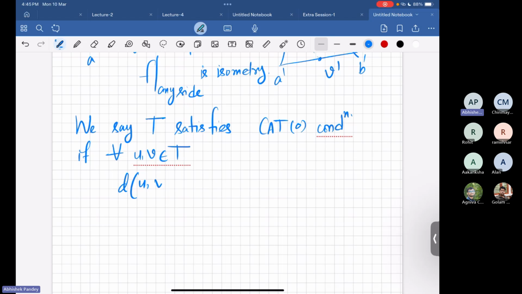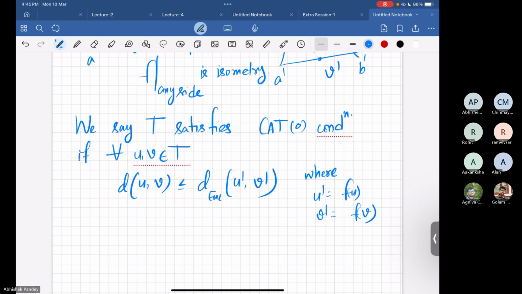What we mean by this is that the distance d(u, v) is less than or equal to d Euclidean of (u', v'), where u' is f(u) and v' is f(v). In other words, f inverse is one-Lipschitz.